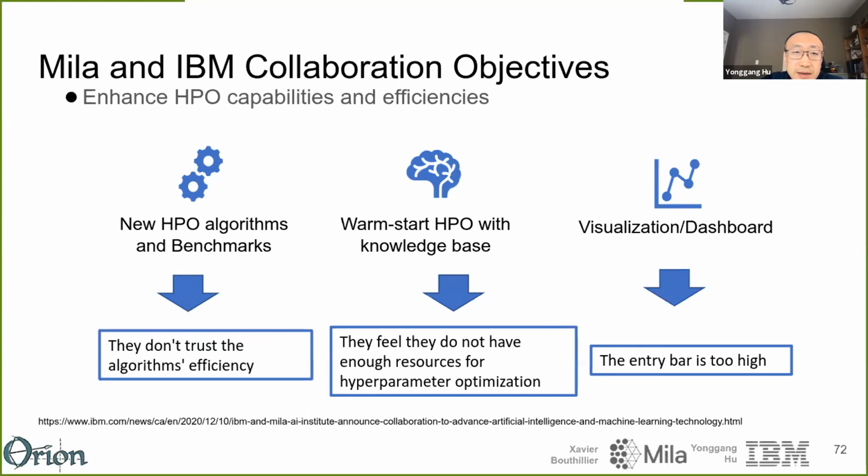This essentially leverages prior knowledge to fast-track and accelerate the subsequent HPO process. It is to address resource efficiency in HPO. The third area is about visualization and the dashboard. We are continuing to improve the usability of the HPO process. Next chart.